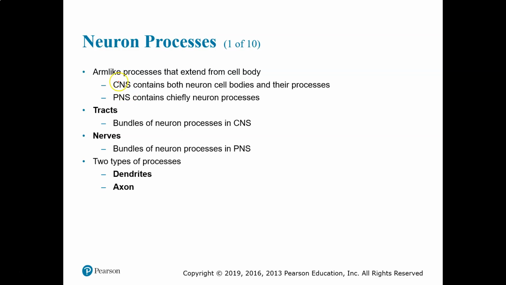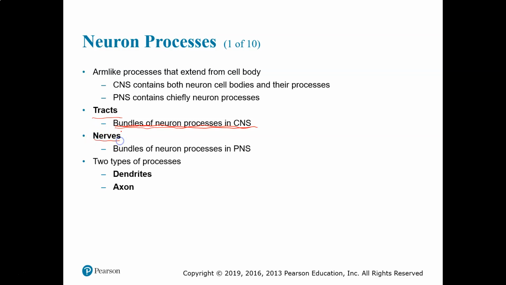Tracts, these are different neuron processes that stick out from the neuron. A tract is a bundle of neuron processes in the central nervous system, probably bundles of axons many times. Nerves are bundles of neuron processes in the peripheral nervous system.